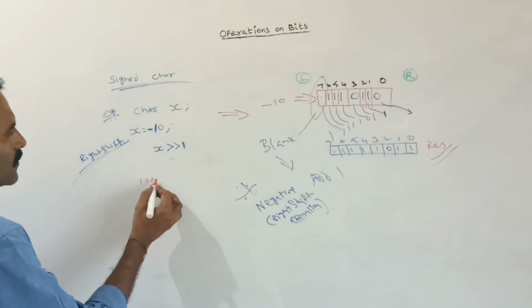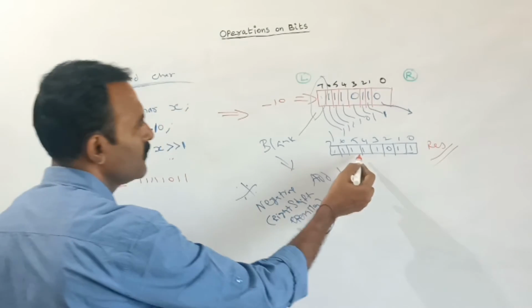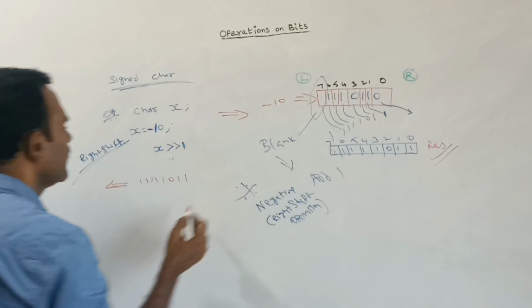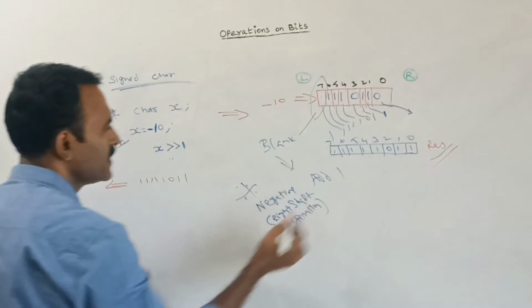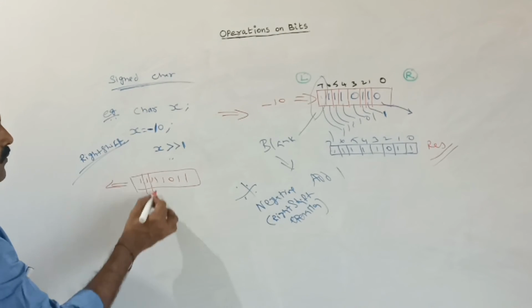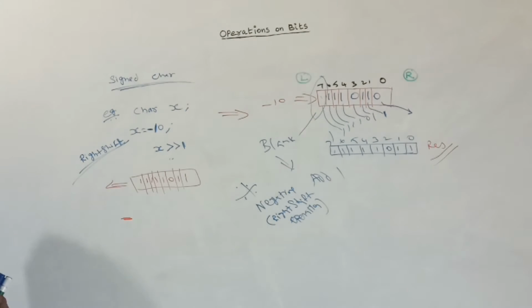See, this is a negative number. Now if I want to find the decimal value, see, the 7th position is 1, so you should put the minus symbol. After that you convert into the decimal value.